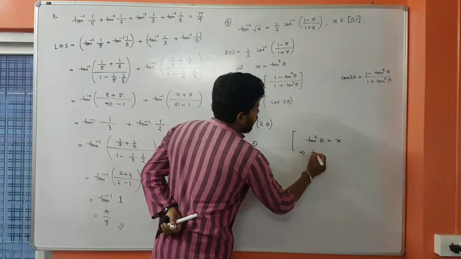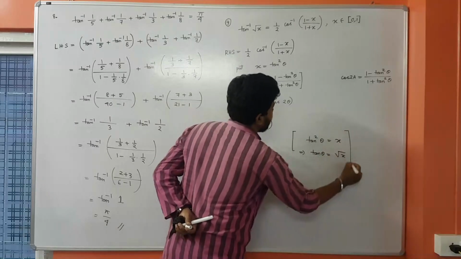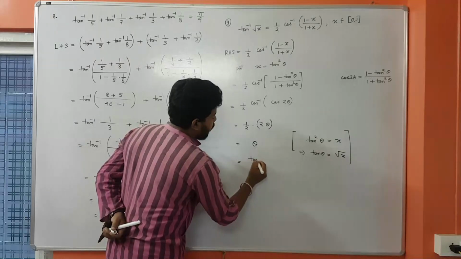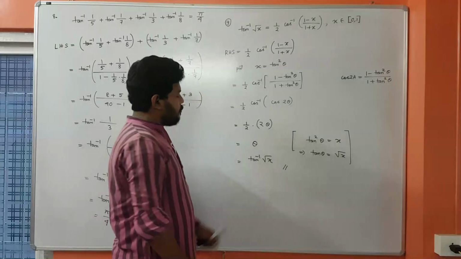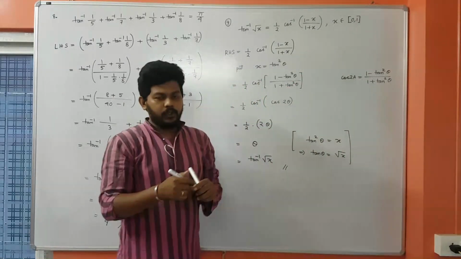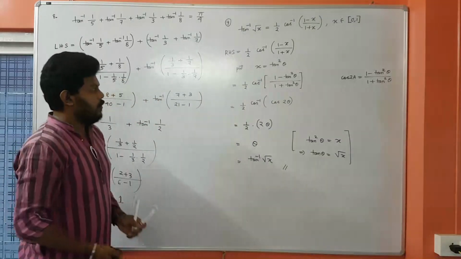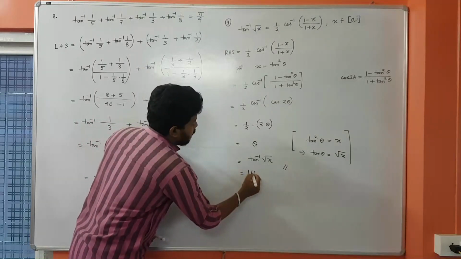Therefore, tan theta is equal to square root of x. Hence, theta is equal to tan inverse of root x. X belongs to (0, 1), which is positive, hence it is not undefined. It is defined on the interval (0, 1). This is your required solution, LHS.